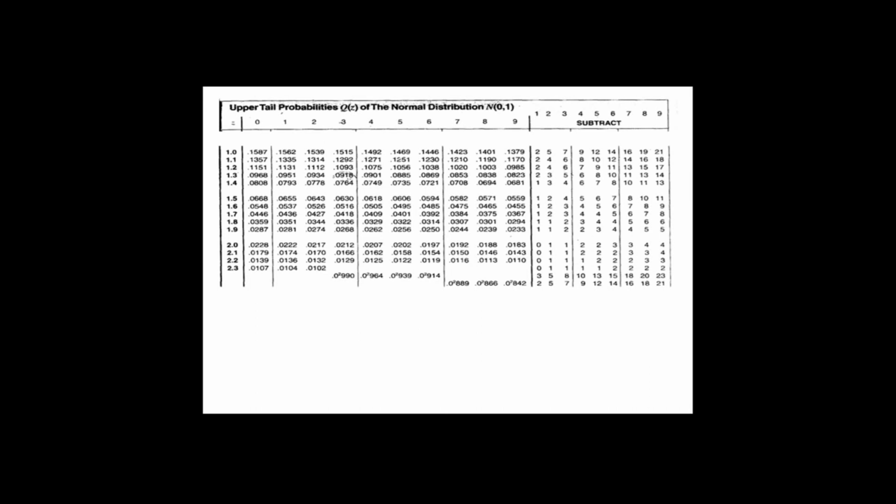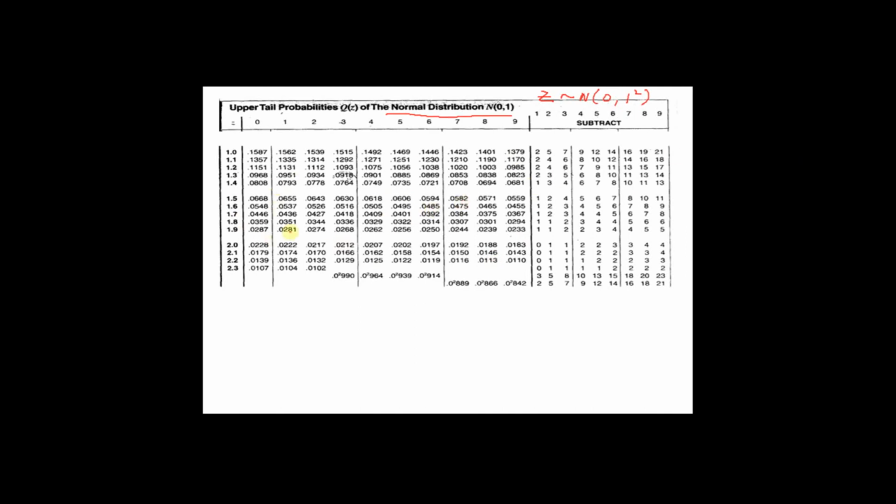Now I'm going to show you how to read the standard normal distribution table, which is for the Z score, normally distributed with mean 0 and standard deviation 1. This is the only normal distribution table given in your exam, so you have to know how to read it. This is the first step for you to master normal distribution, because almost all the questions in the exam will involve the normal distribution table.